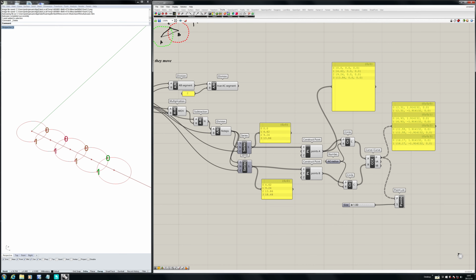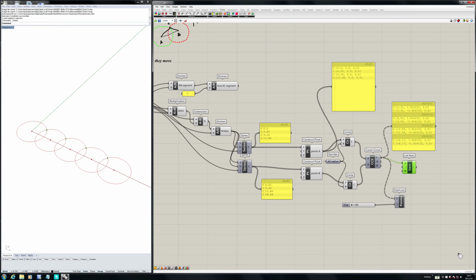So to get index 0, I'm going to make list, and here I'm going to ask list item. Now by default the index is 0, so when I connect this, what is being here outputted is always point 0. So I'm going to space key, hide this, and I'm going also to hide this one.